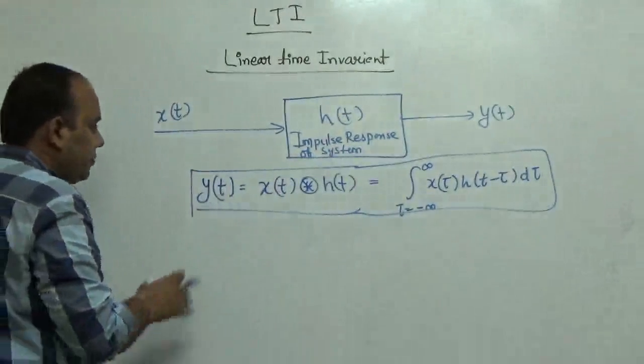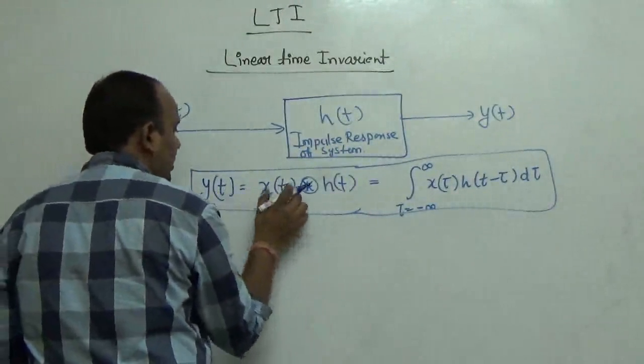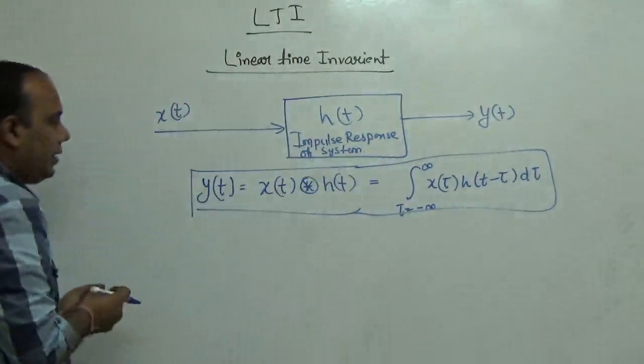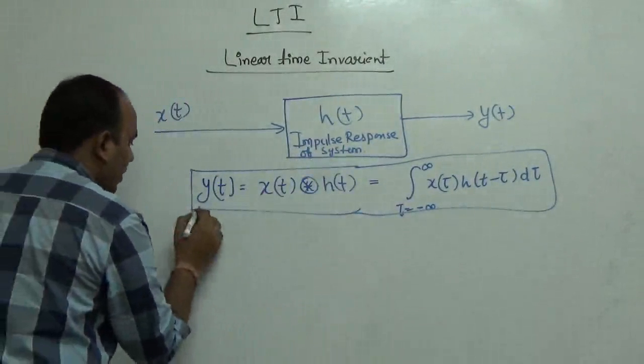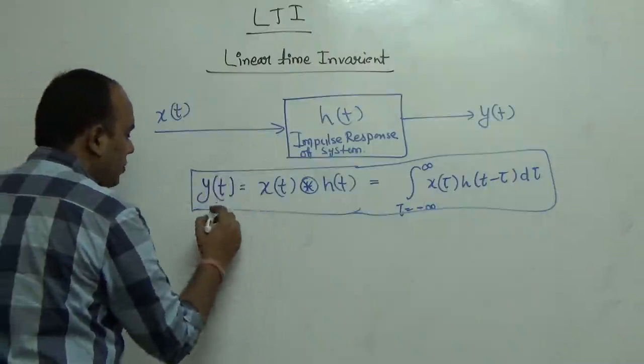Now come to the main point. y(t) is equal to x(t) convolved with h(t).